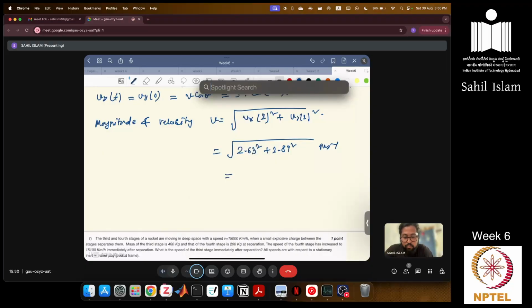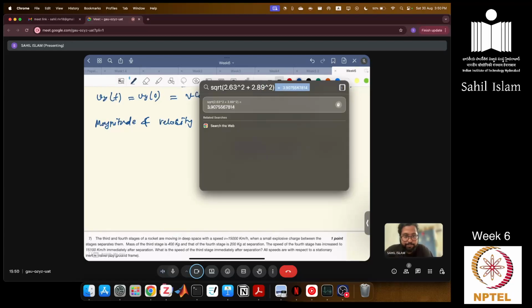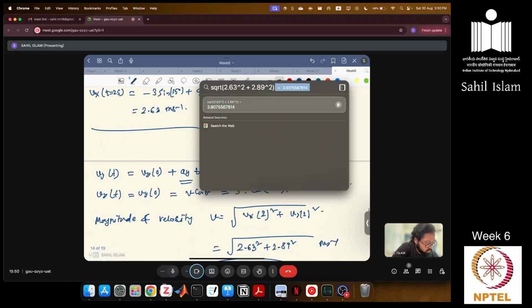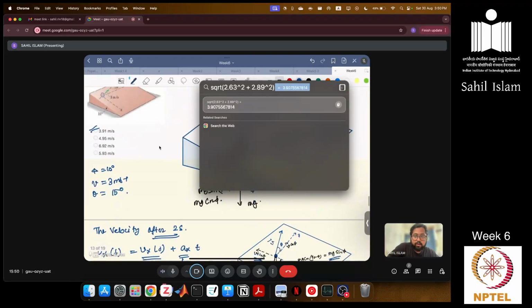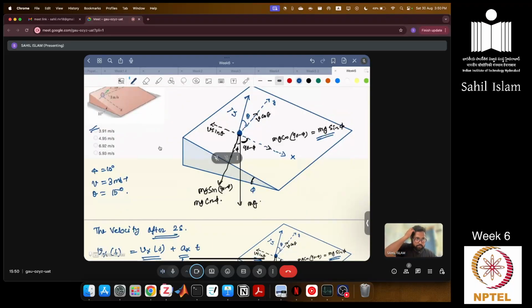What does it give you? Square root of 2.63 square plus 2.89 square, 3.9 meter per second. Easy question. So 3.91 meter per second, this is the right answer.